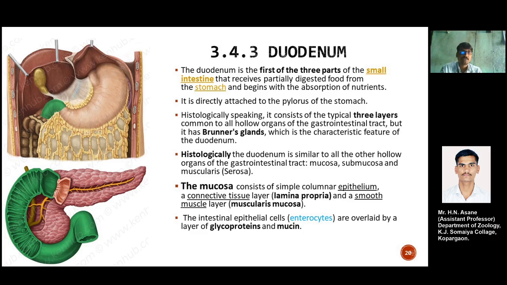This stomach opens into the duodenum, but in the first diagram you are not able to see the total duodenum.